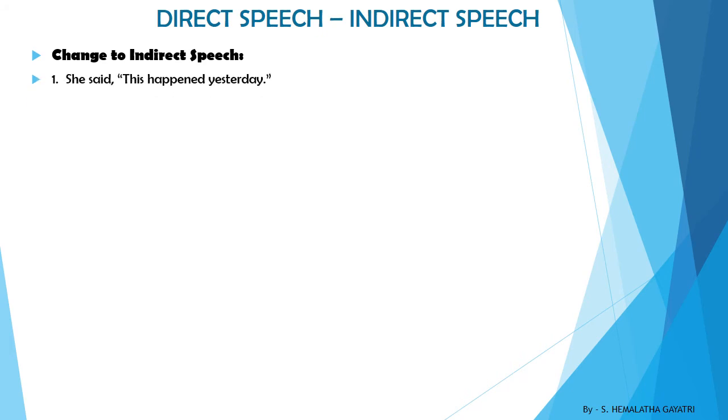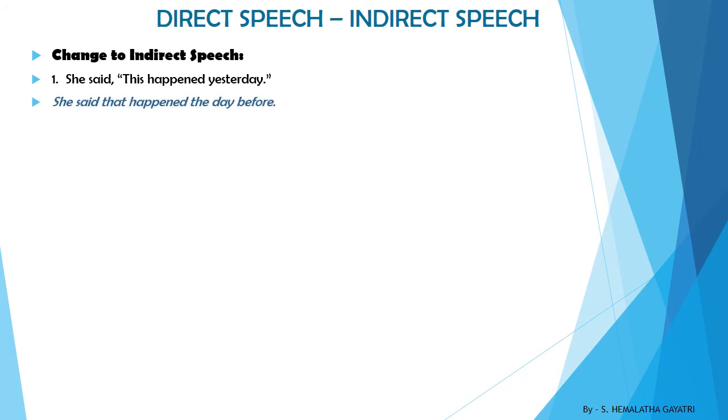She said, this happened yesterday. Always remember the words within quotation marks are the speaker's words, she is the subject or the speaker, and said is the reporting verb. Now we are going to change the sentence as well as the words within the quotation marks. The answer will be: she said that.